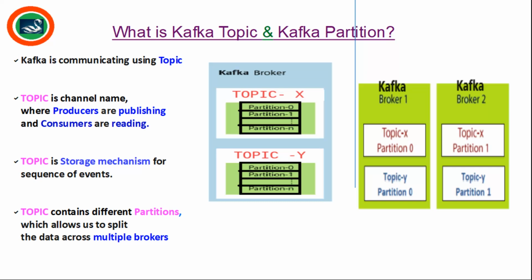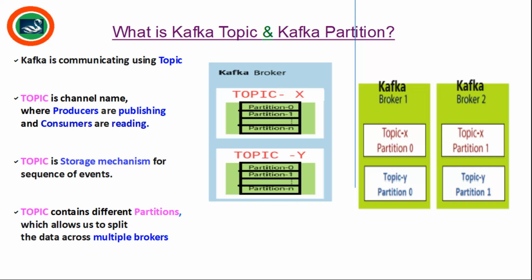One more thing is that a topic contains different partitions. Partitions are very useful for sending data in parallel. A topic contains different partitions, which allows us to split the data across multiple brokers. Just see the other diagram: topic X partition 0 is in Kafka broker 1, and topic X partition 1 is in Kafka broker 2.